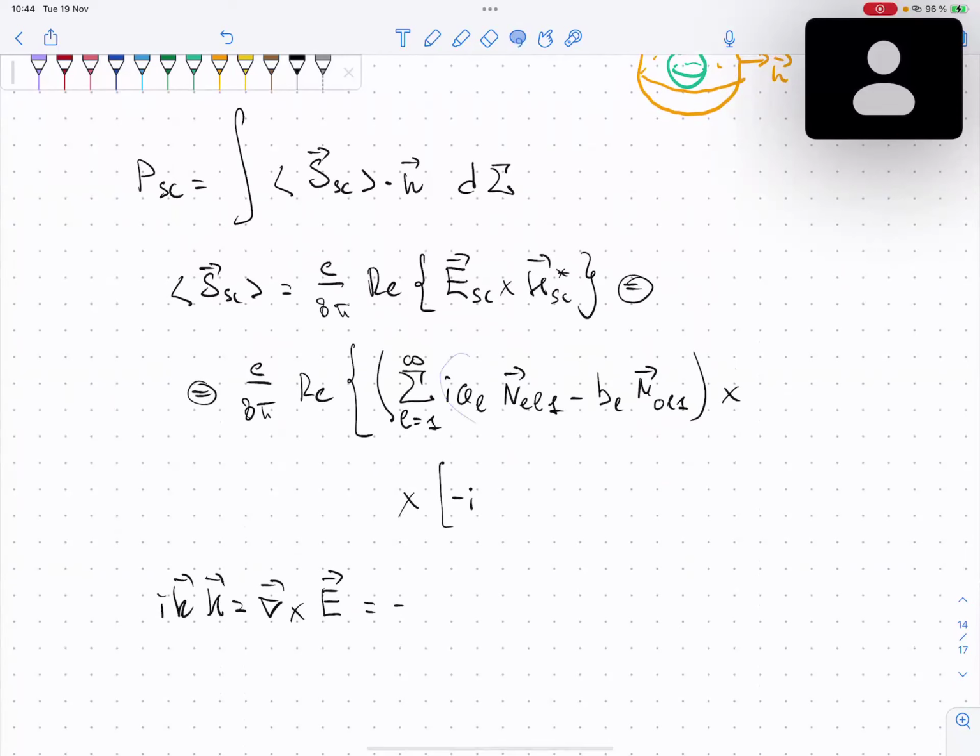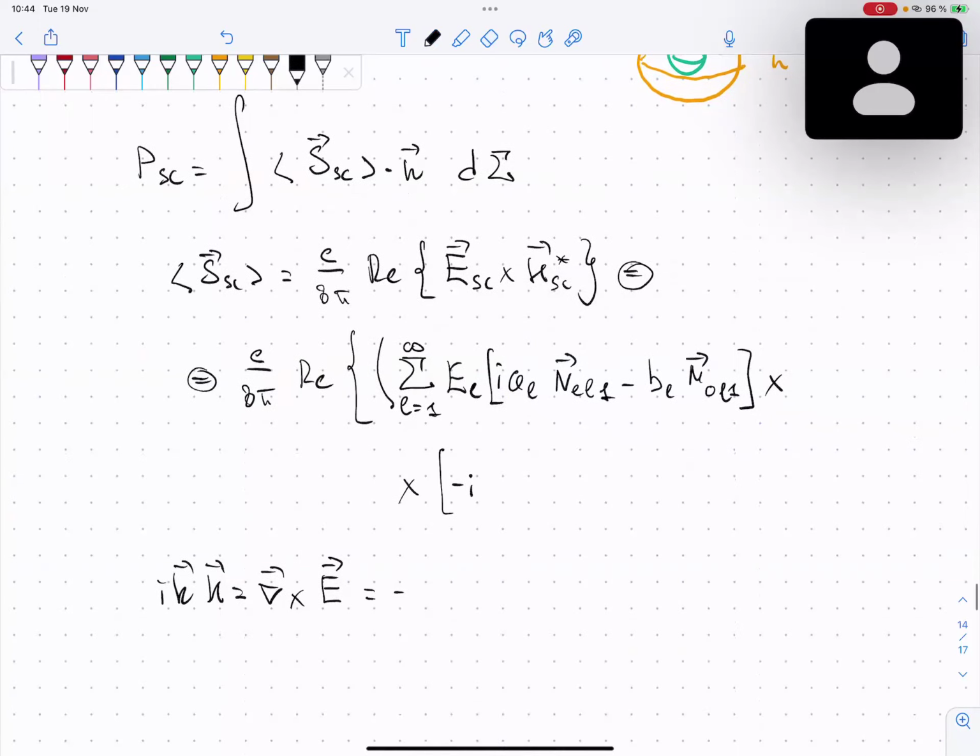Oh, I also forgot here, E_L. Basically, we substitute here our expansion for the electric and magnetic fields.